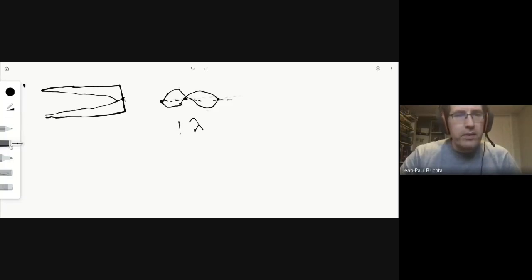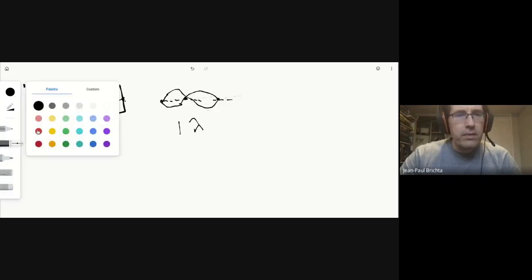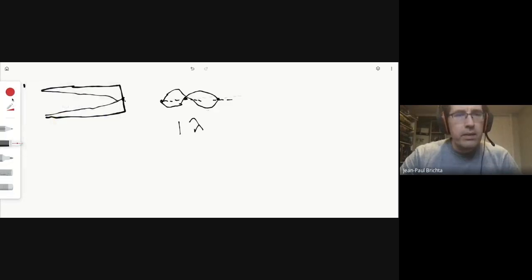So if I switch my pen to a different color, let's go red. Good. All right, well, from the node to the antinode, there's 1. And I could also go from this node back, there's 2. And then if I draw another line here, from the node to the antinode, that's 3.